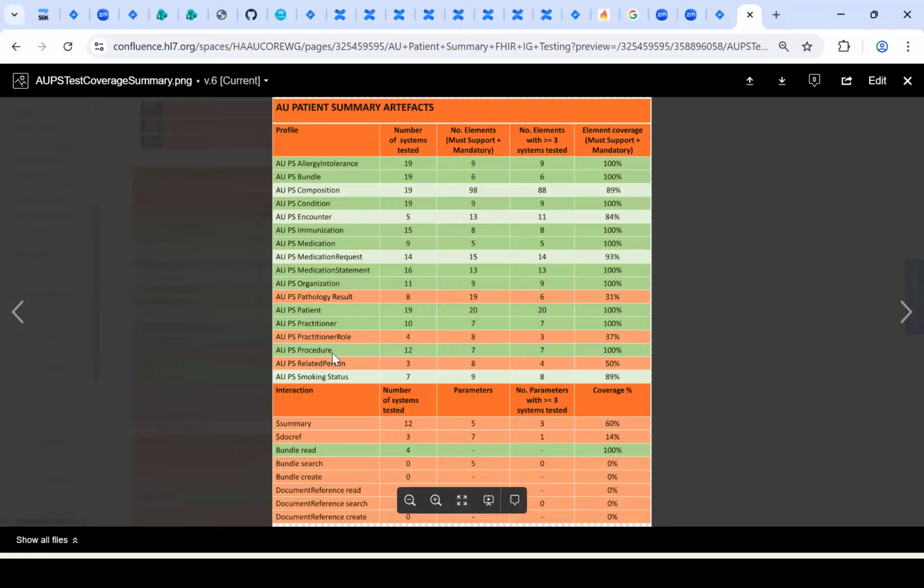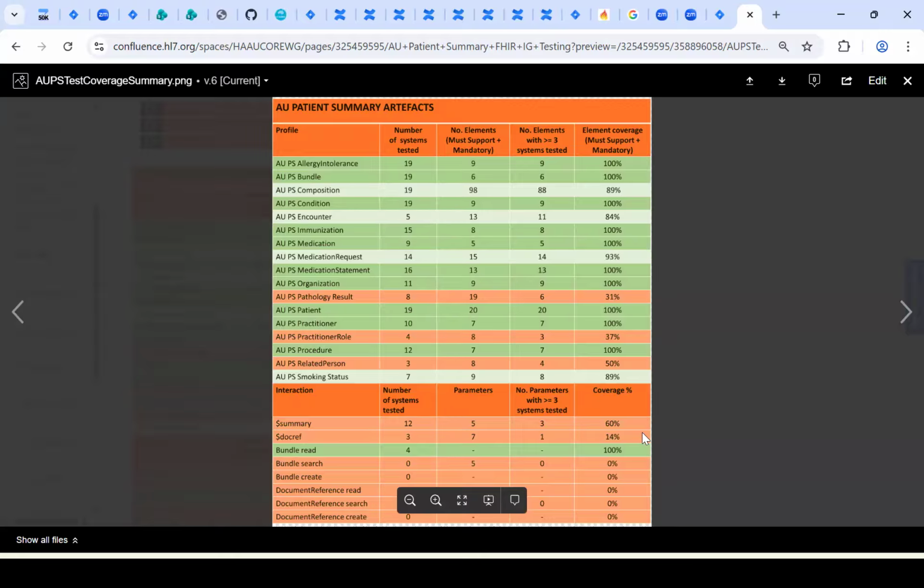In terms of interactions, these aren't requirements because we don't have any conformance requirements around interactions. One of the things that I've noted is that dollar summary is increasingly pervasive. We've now got 12 different systems we have results for that have dollar summary.